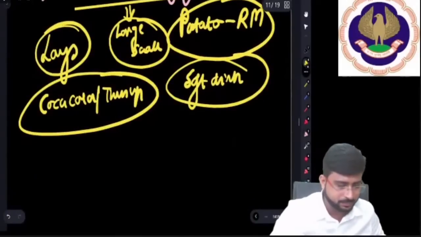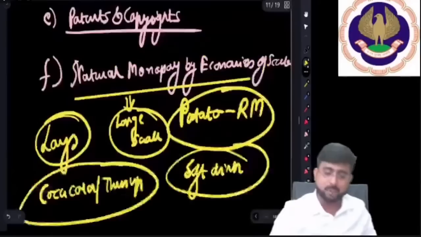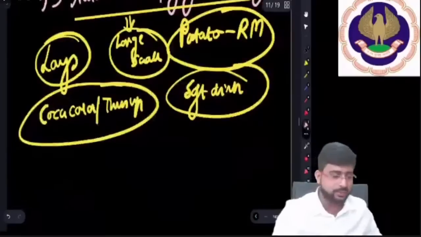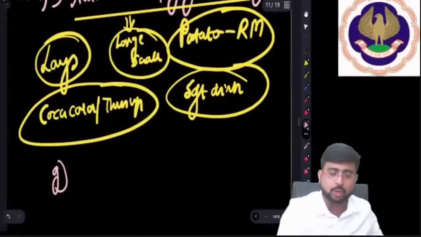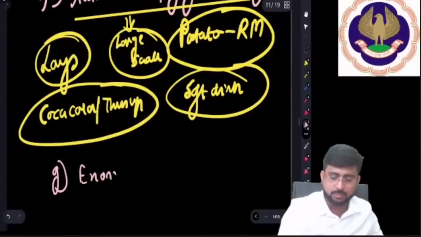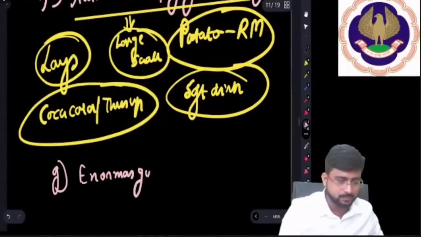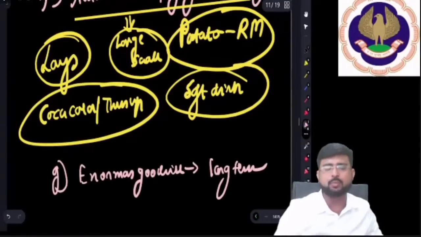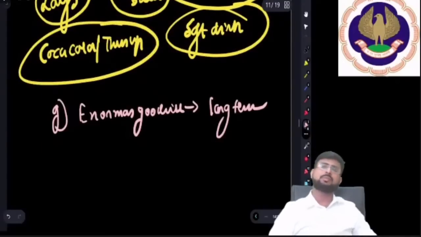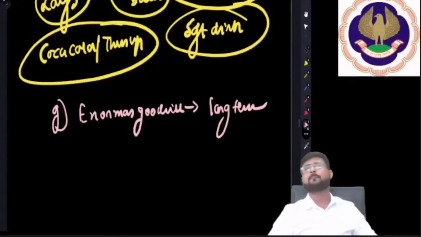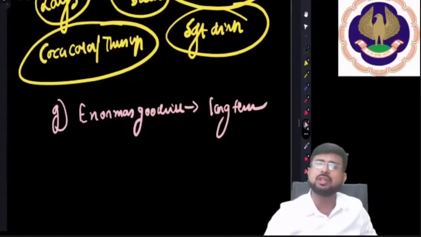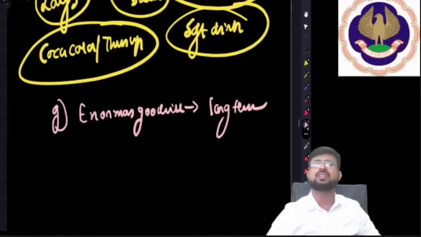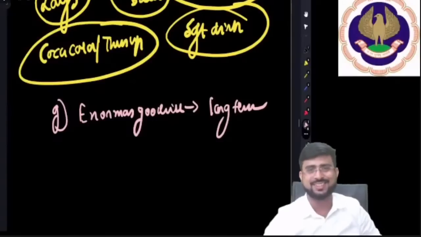Sometimes, monopoly, guys, can arise because of enormous goodwill, due to operating for the long term. Sir, can you give us some example? Yes, I can. My dear friends, today you see Maggie is not only selling noodles, correct?